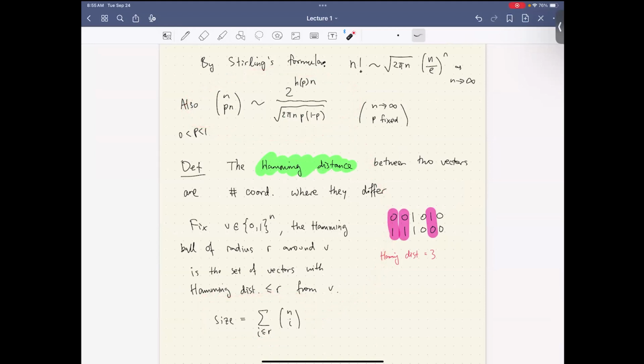If we think of the radius as linear in n, say, then for every binomial coefficient we can get an asymptotic formula using this binary entropy function. Now let's try to use the entropy of a random variable to give an estimate of the size of this Hamming ball.